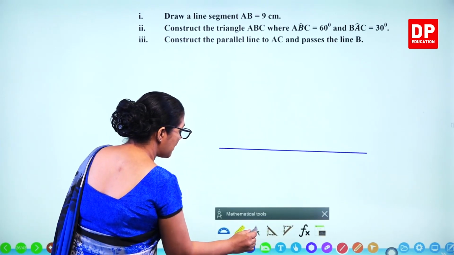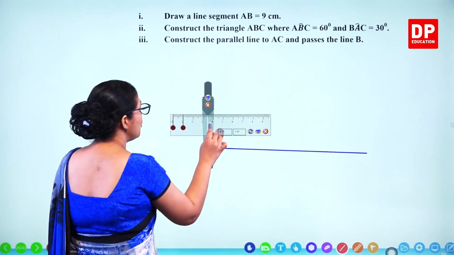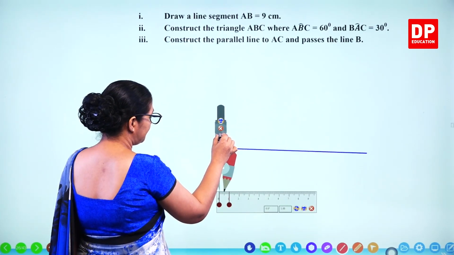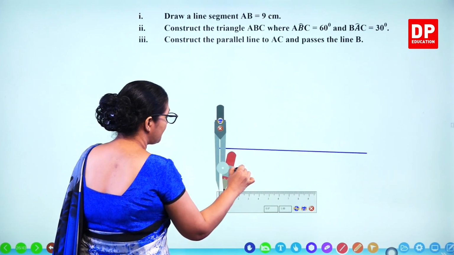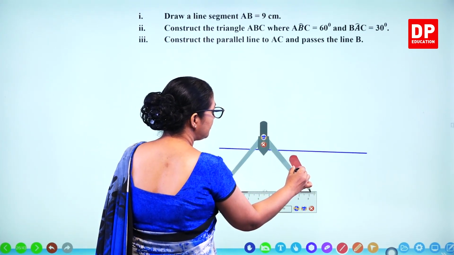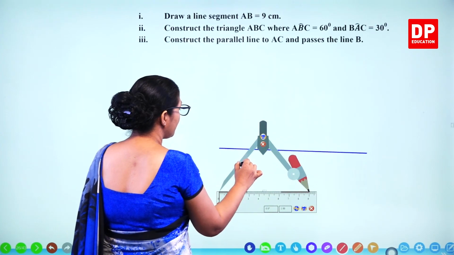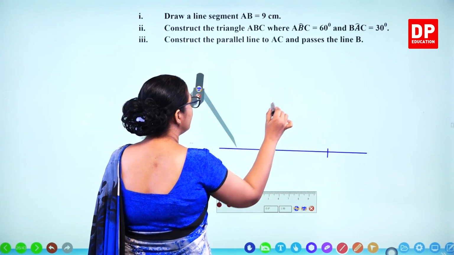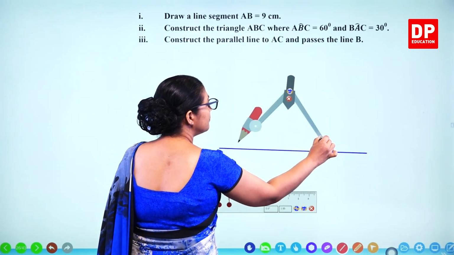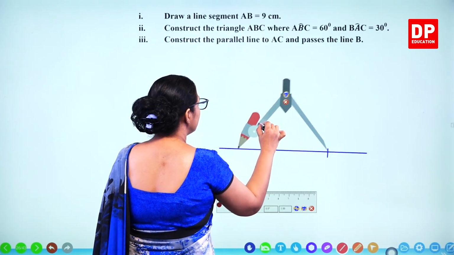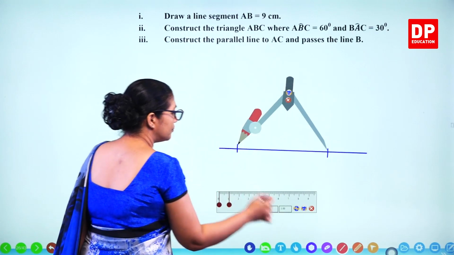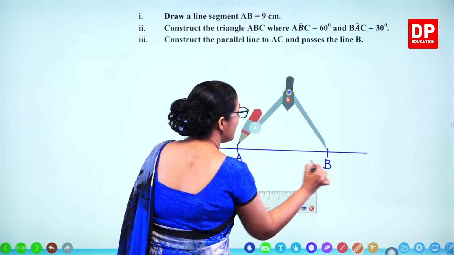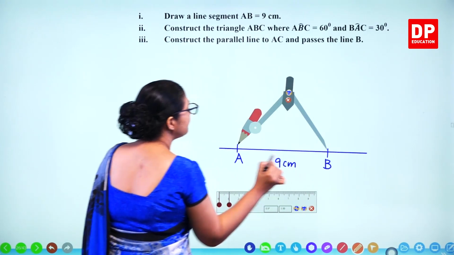Then you take the compass and the ruler and you need to measure 9 centimeters. You can keep it here and draw. A, B, 9 centimeters.